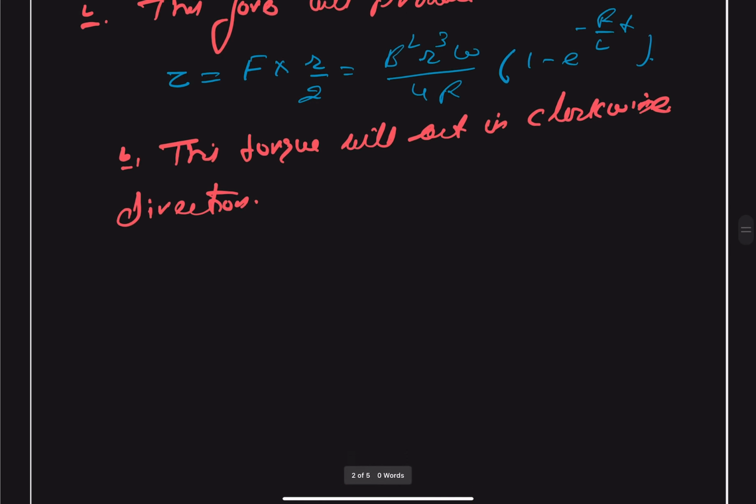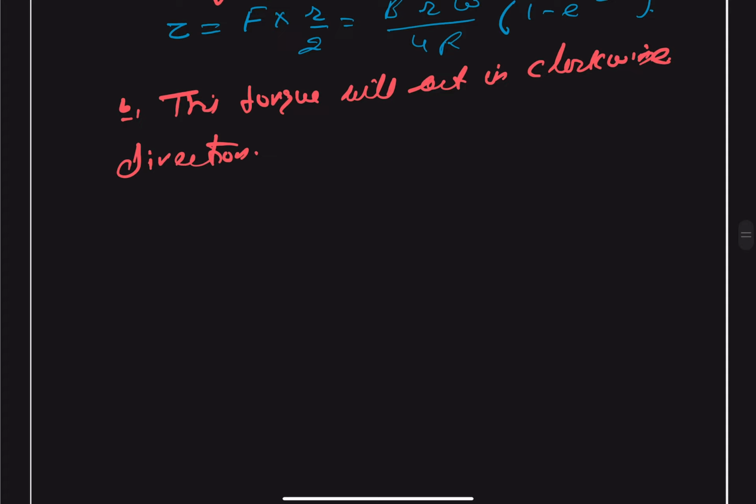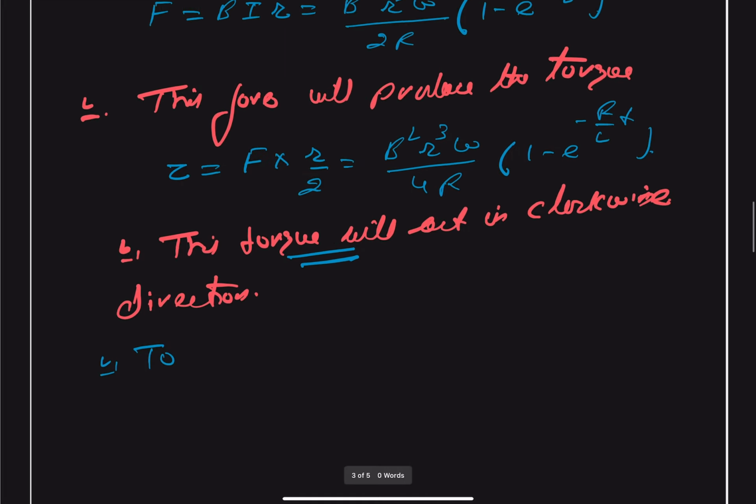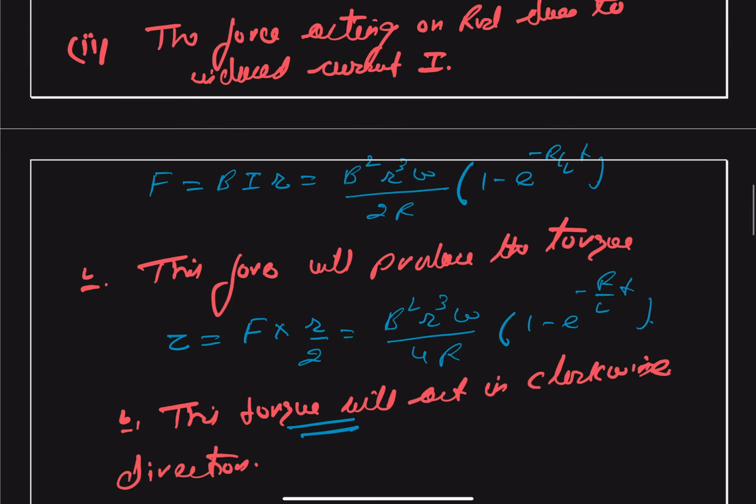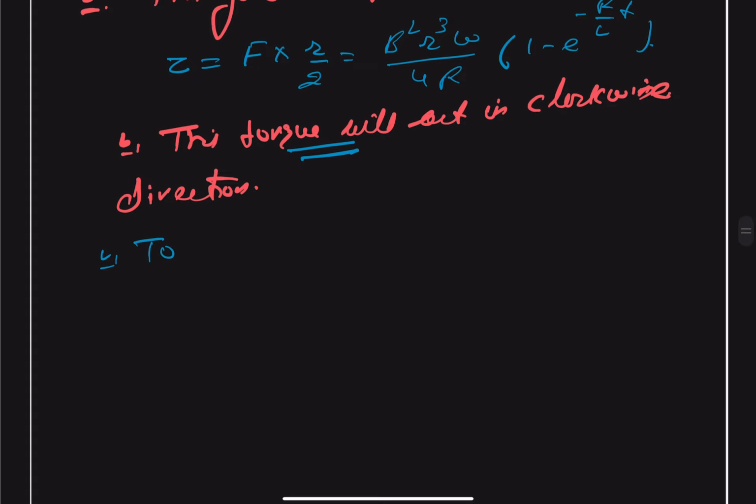Okay. So this torque is because of the force that is acting on the rod due to induced current. In order to balance that, so that the rod rotates with the angular speed of omega, we need to apply an external force whose magnitude will be equal to the torque that is being produced by the induced current.